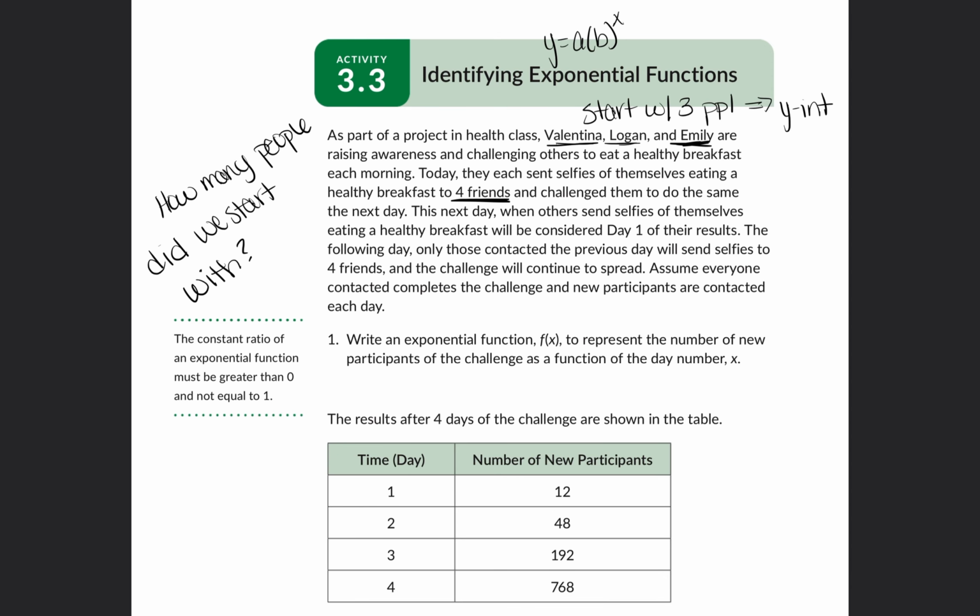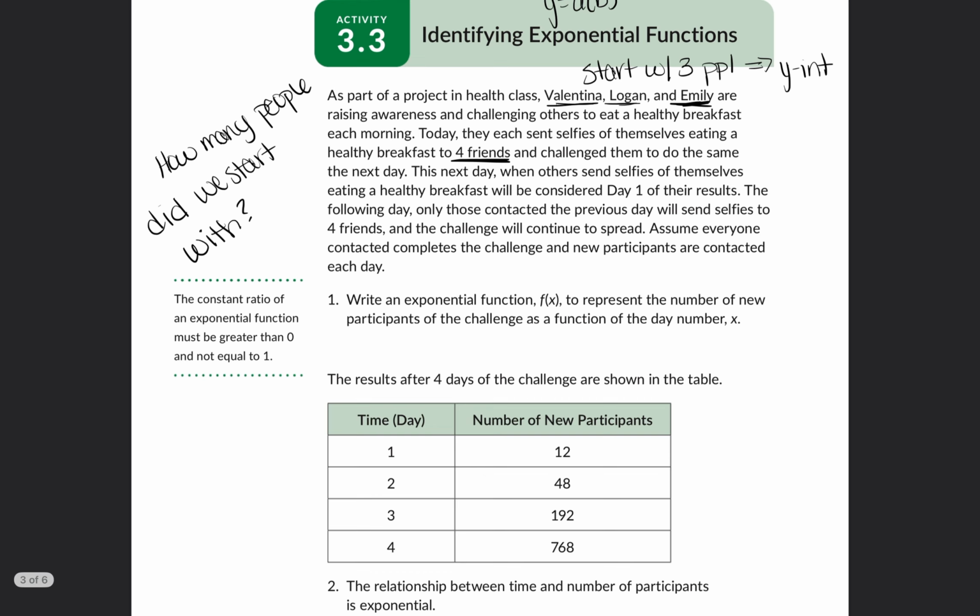Right? So that's going to take us to number 1. It says write an exponential function. Well, f of x, we just found my y-intercept, which is 3. Well, then what is going to be my constant rate of change? Not my rate of change, my constant ratio, excuse me, meaning how it changes every single time.